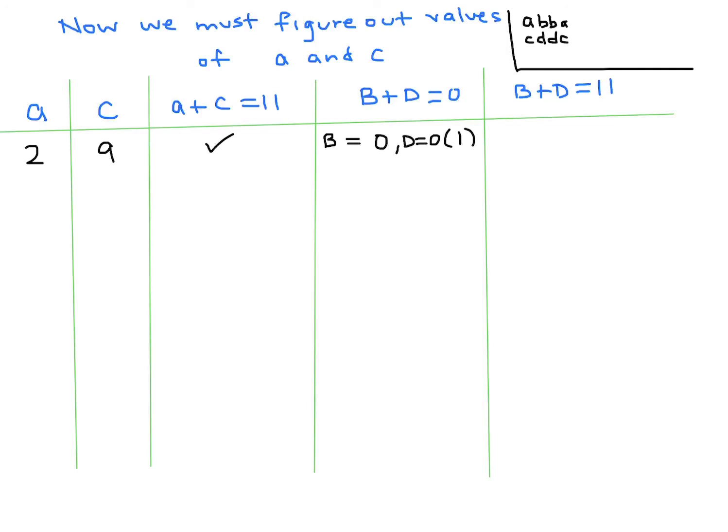So what numbers did we create with A equal to 2, C equal to 9, B equal to 0, and D equal to 0? Well, we got 2, 0, 0, 2, and 9, 0, 0, 9. These are indeed two 4-digit palindromes, correct?